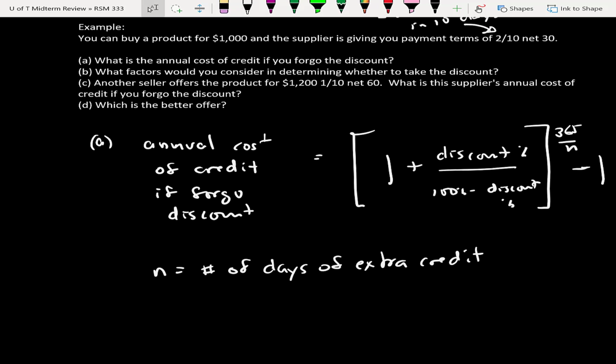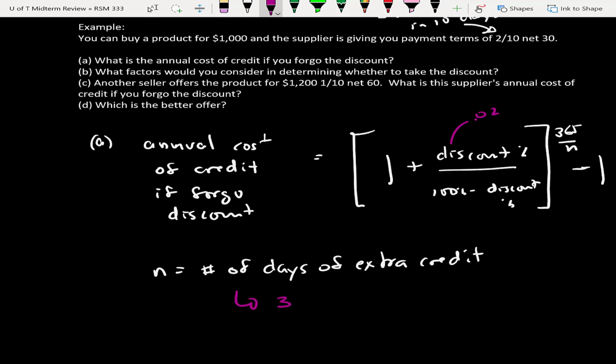So what is that in this case? Let's look at each of these numbers. What's the discount? If we take the discount, it's 2% if you pay early. Let's write it as a decimal, so 0.02. What's the number of days of extra credit?